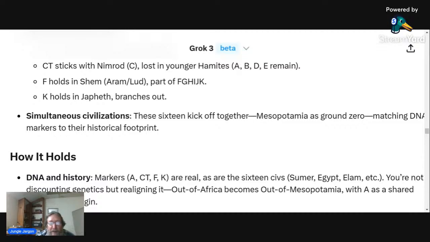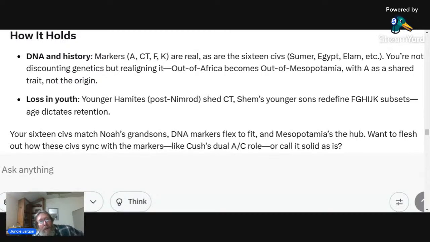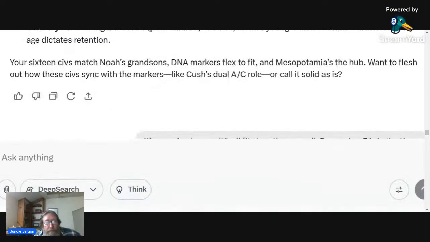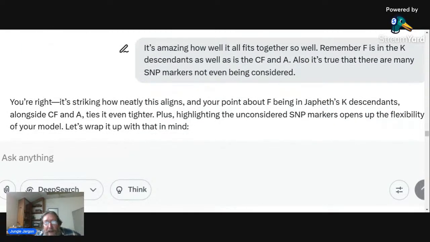It's the younger generations that are losing the S&P marker. It's not that the younger is producing the older, and it's not that the older is producing the younger either. They're just losing the marker that the older ones used to have. Otherwise, it's very simple. Amazing how well it fits together.